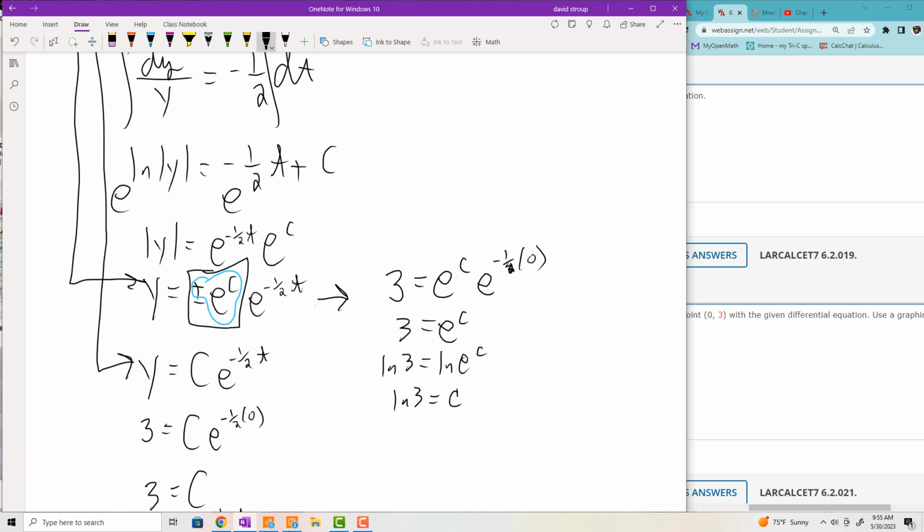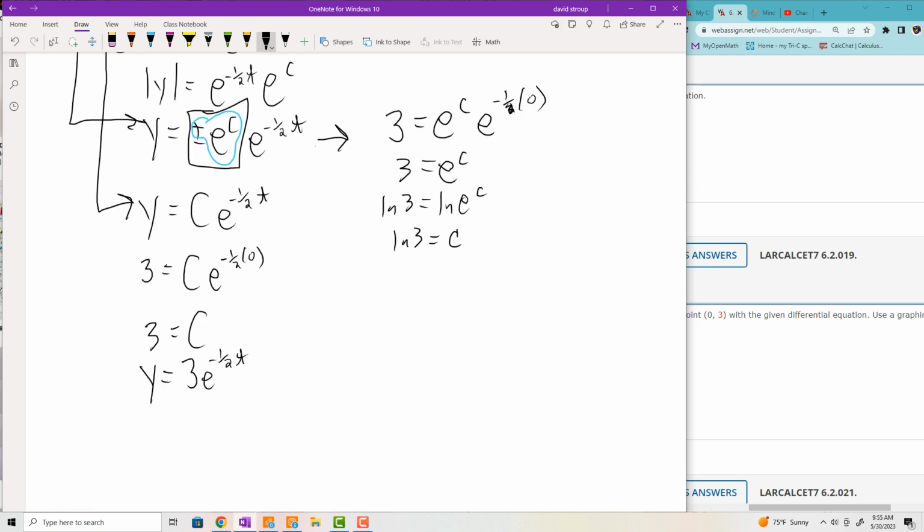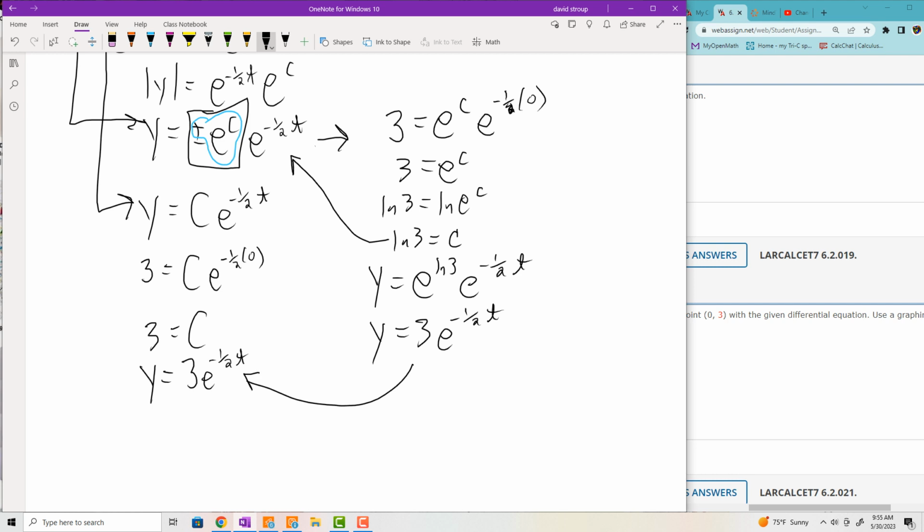So c is ln 3, and then plopping that into this equation now, I get y equals e to the ln of 3, e to the negative 1/2 t. Okay? And then e to the ln of 3 is just 3. So you just get the same answer. Right? But our idea of replacing that entire thing with just a constant c is much easier to work with.